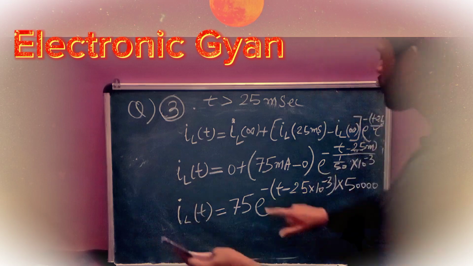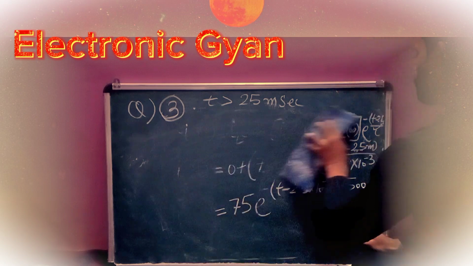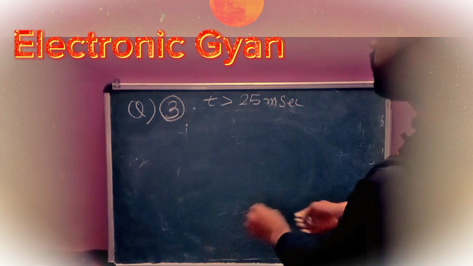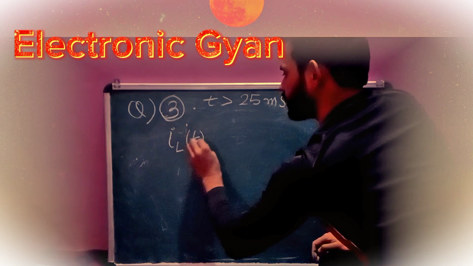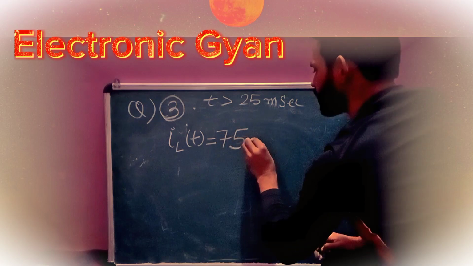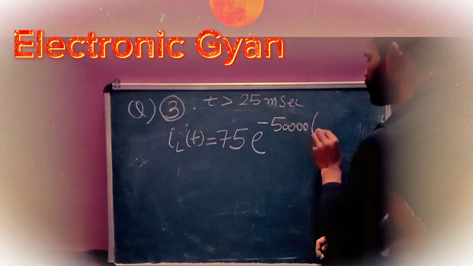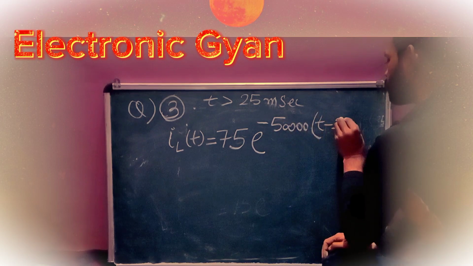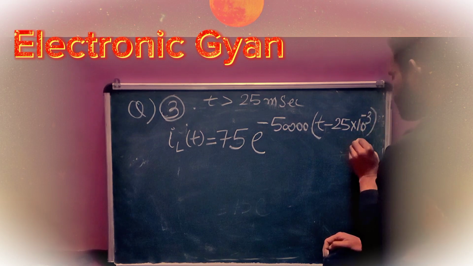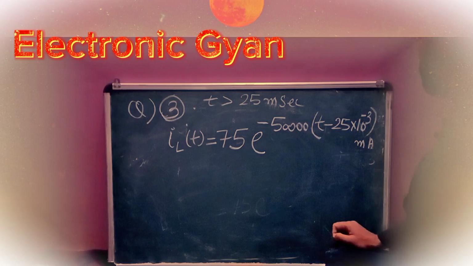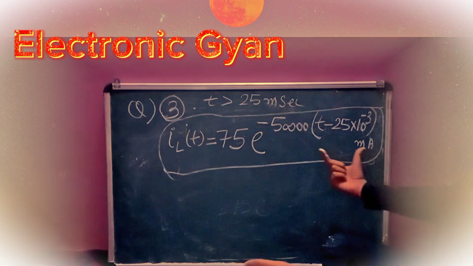Let me write it nicely: for this duration of time, IL of t is equal to 75 into e to the power minus 50,000 into t minus 25 into 10 to the power minus 3, in milliampere. So this amount of current we have obtained for t greater than 25 millisecond.